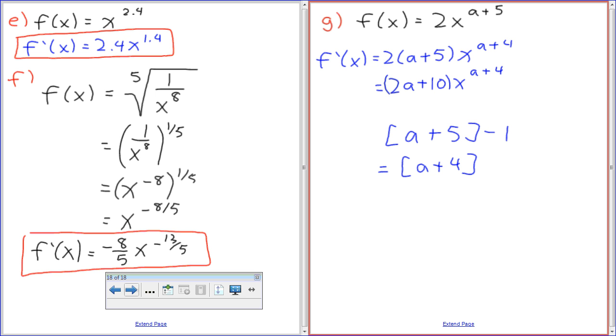Good question, but I didn't write it like that first of all. Remember, this is like c times g of x, because there's a base number down there, right?